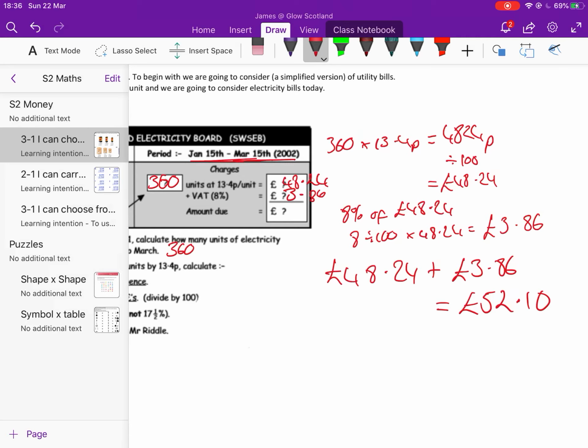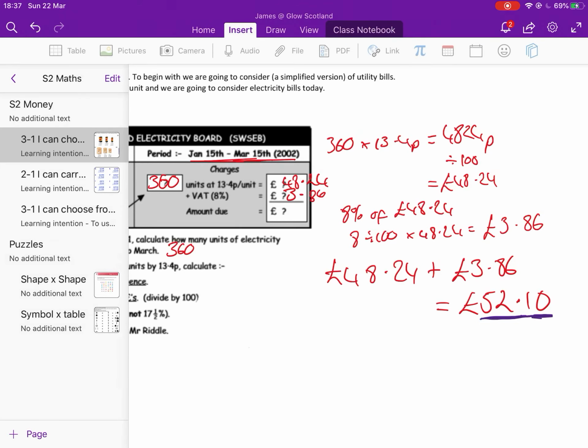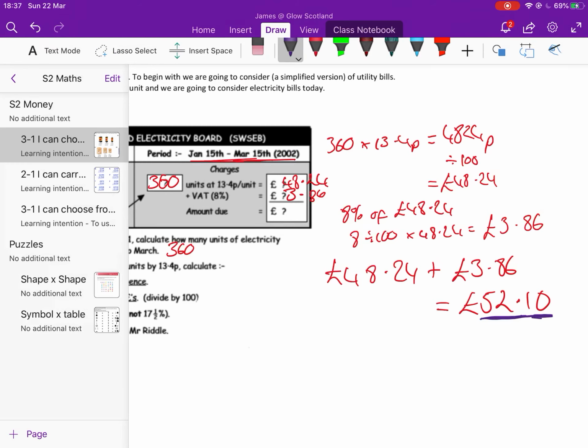On the calculator it's just displaying it as 52.1, but we need to make sure we add in this second decimal point because we're dealing with money. So that will give us our total in here of £52.10.